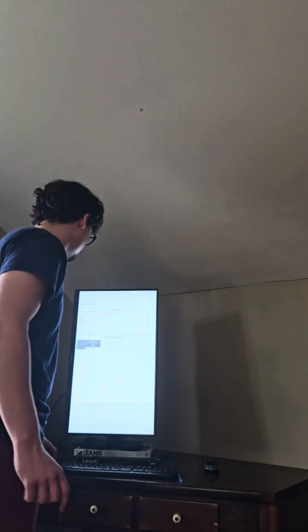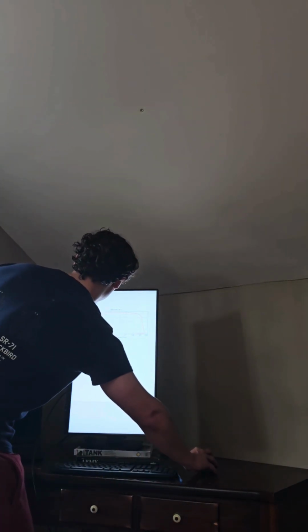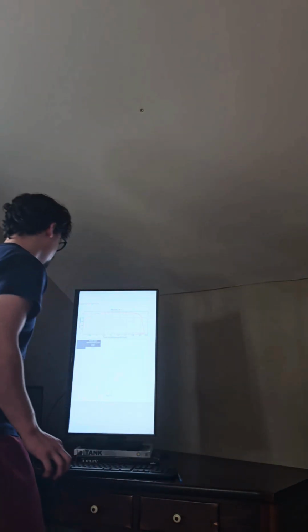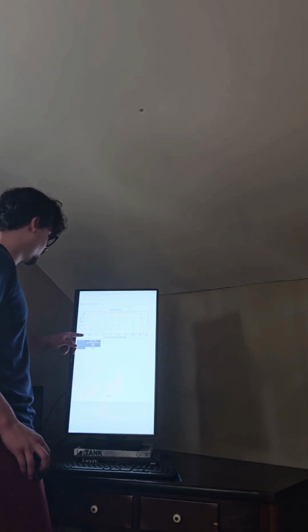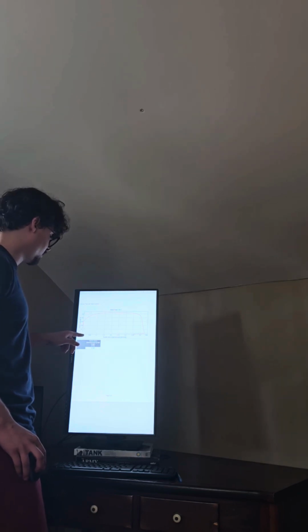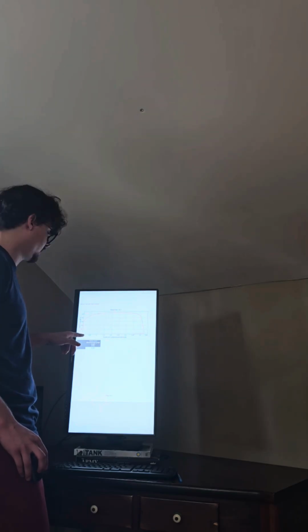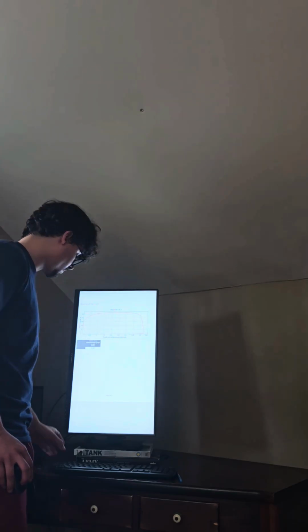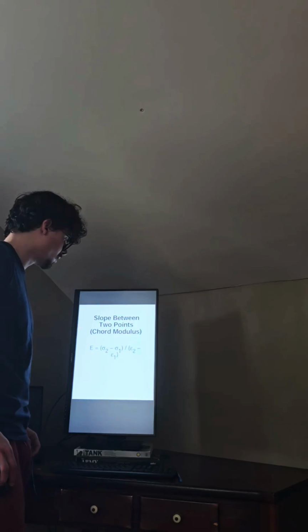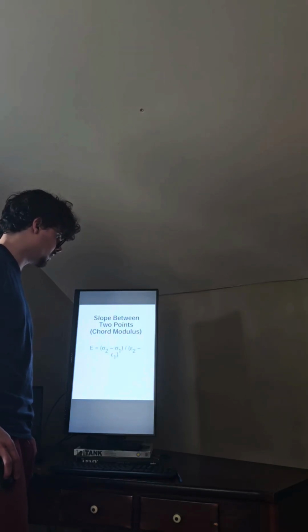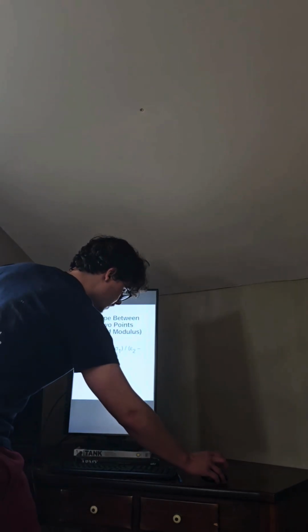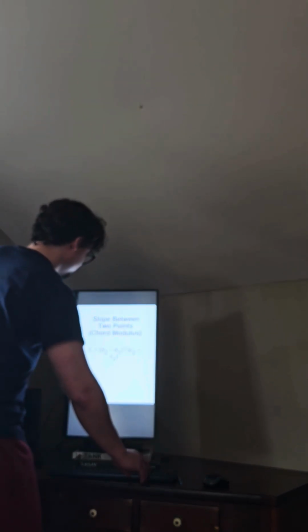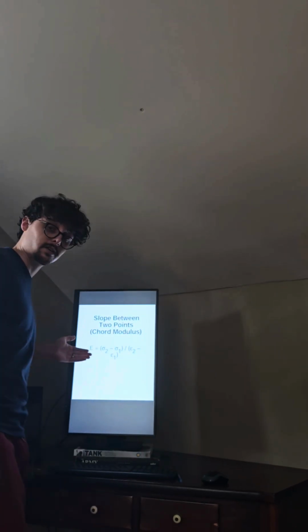So for example, right here, we could get 0.01 and 0.015. Those will be our 2 points. And where they intersect with the curve, those will be these two stress points. And that's a way to calculate Young's modulus.